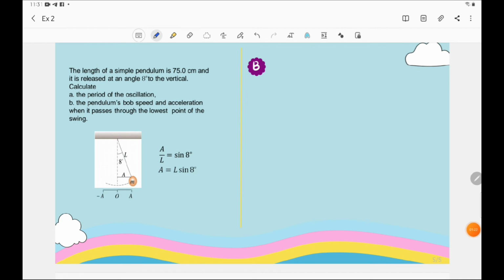The second question is we are going to calculate the speed and acceleration when it passes through the lowest point of the swing.